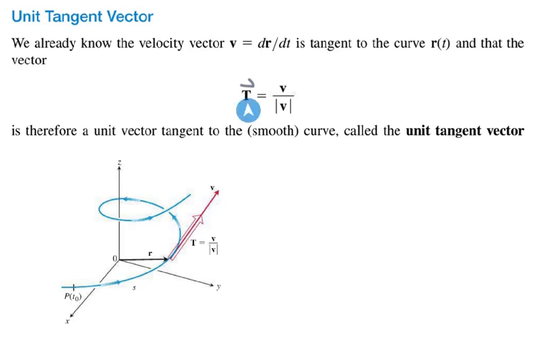And the way we find the unit tangent vector is we take that velocity vector and divide it by its magnitude, the same way we find any unit vector.